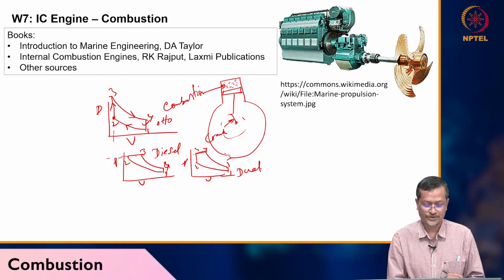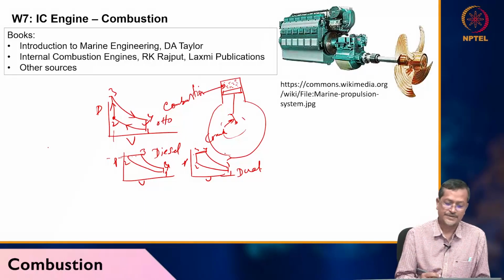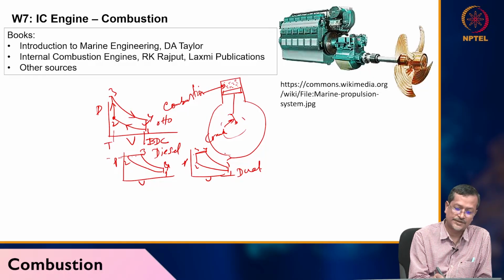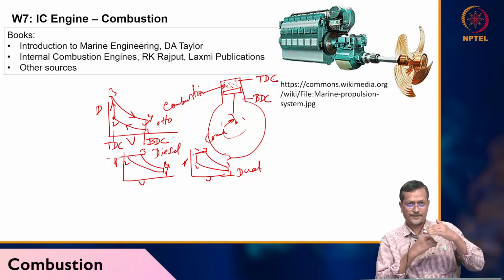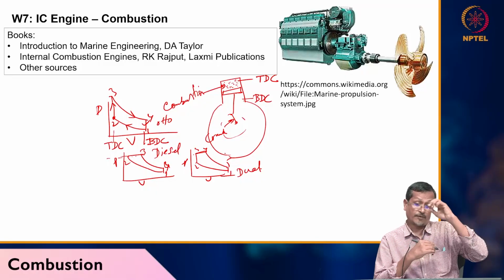But in certain situations, let's say combustion is occurring before 2, what will happen? If it is happening before 2, consider the piston cylinder arrangement with BDC and TDC. The piston is at BDC, then you are compressing the gas. After compression, combustion will be occurring at a certain specific calculated time.